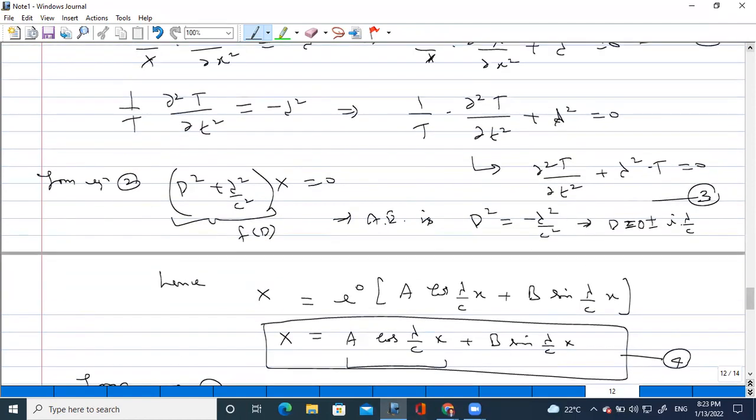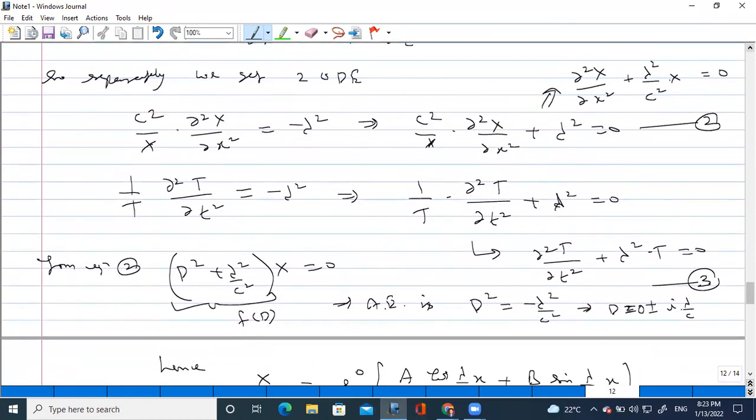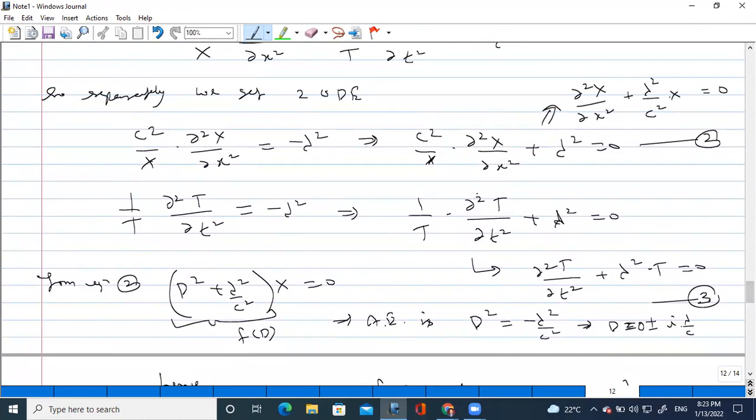One change you can do, that is a small change. Actually, that is also okay. What we have done, that is okay. No problem in that. But as per the book, I want to change it.